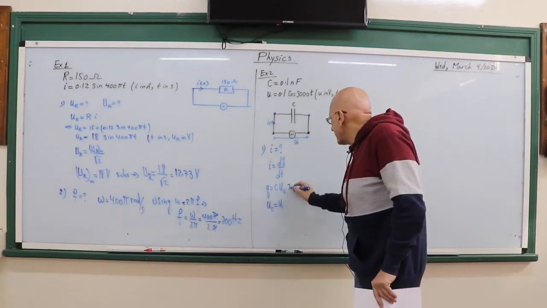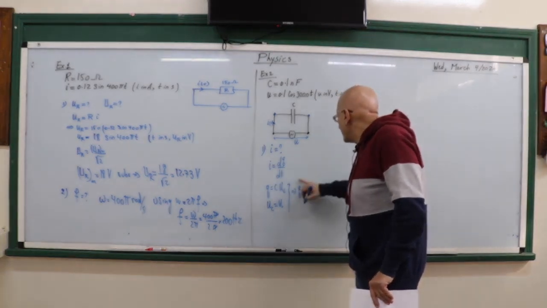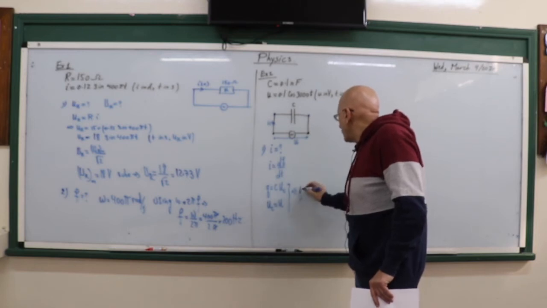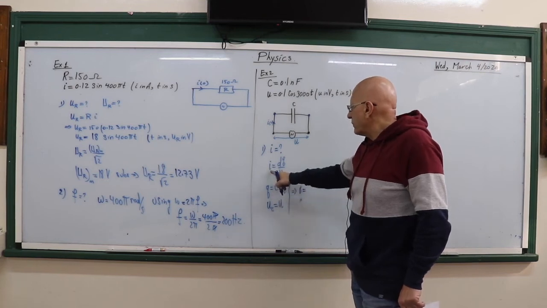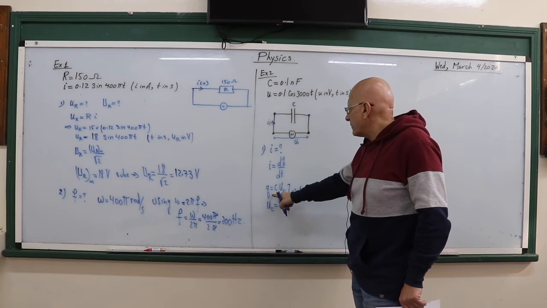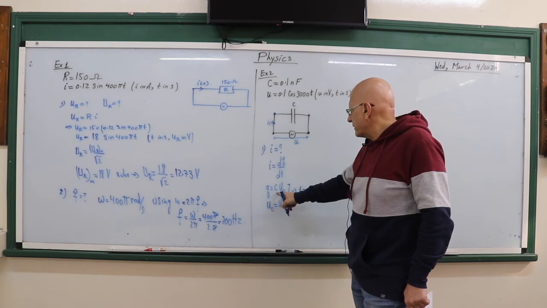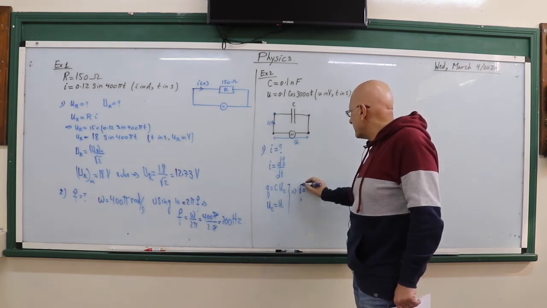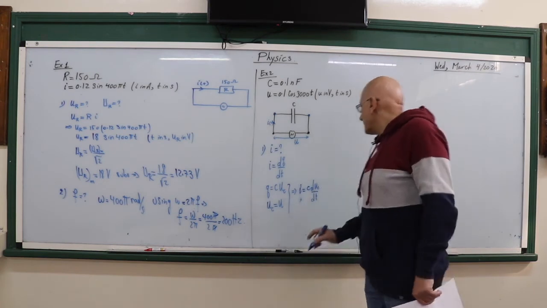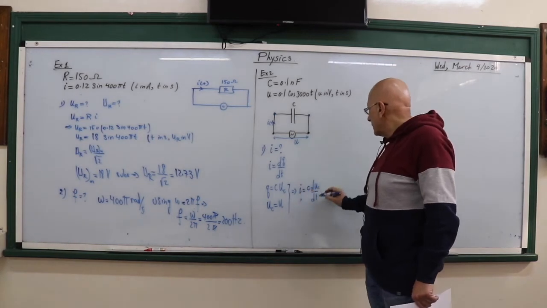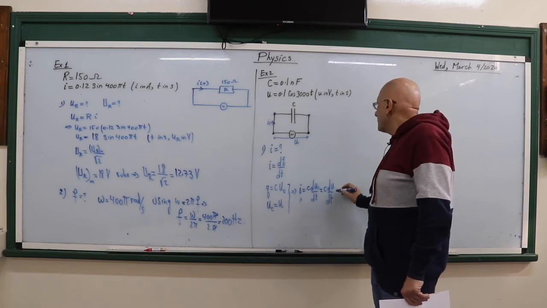So I equal dQ over dt; I am going to differentiate Q with respect to t. Since C is constant, it will be outside the derivative, and so you get C duC over dt. And since UC equal U, I can write C dU over dt.